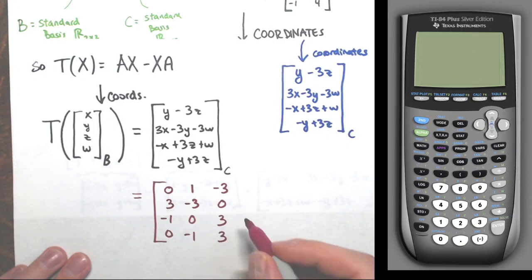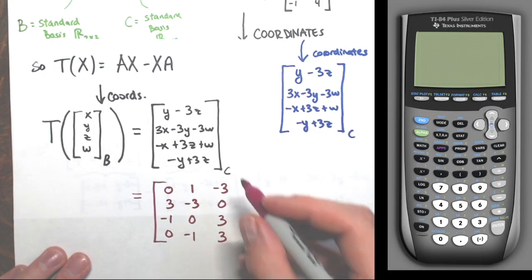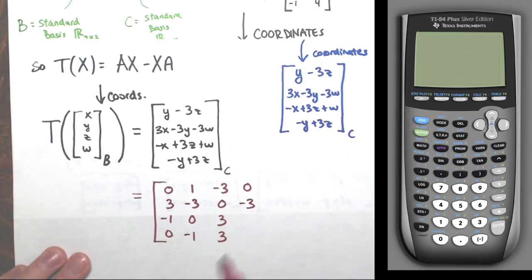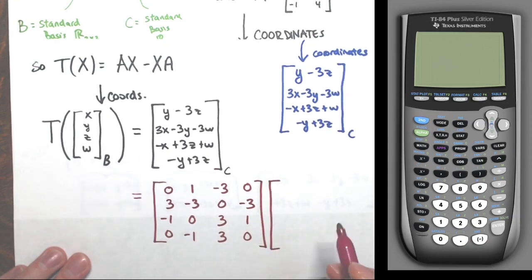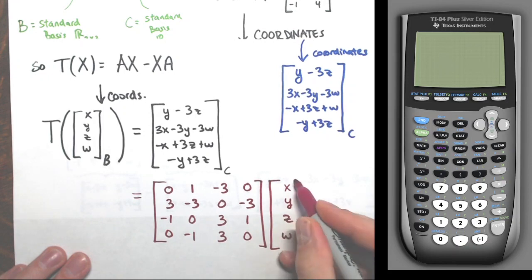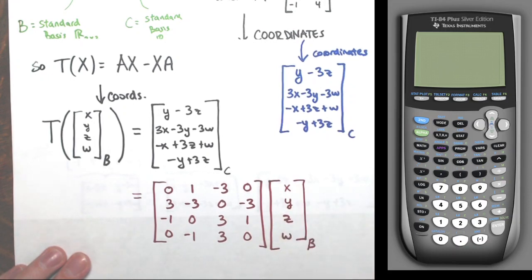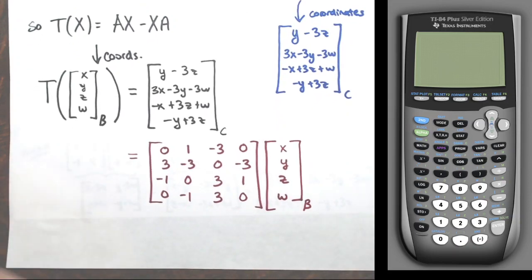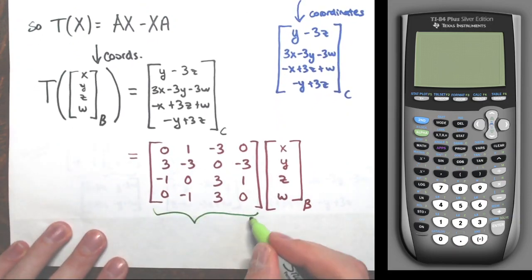And then the coefficients of w: no w, negative 3w, 1w, and no w, multiplied by that input vector x, y, z, w. Again, this is with respect to the standard basis. So here's my standard matrix for this particular transformation.